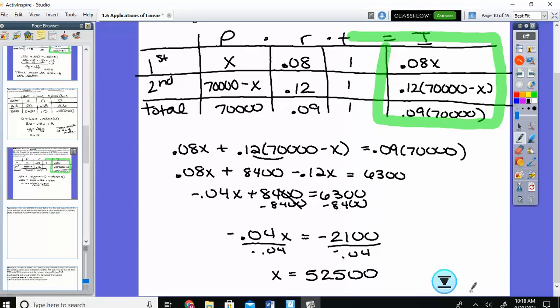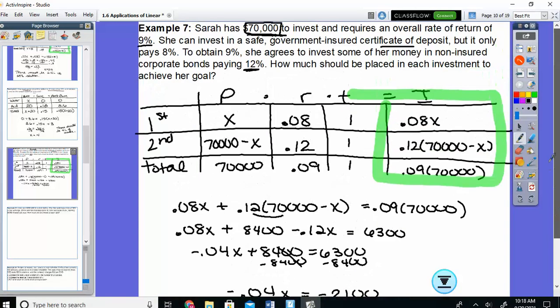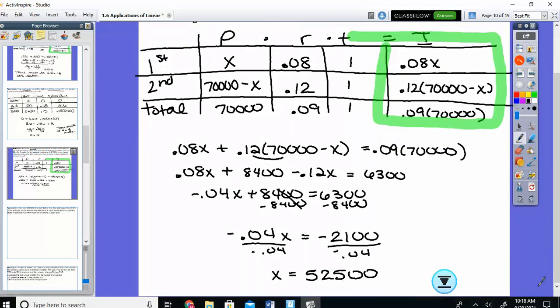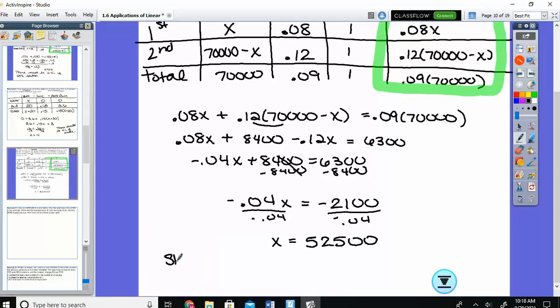$52,500, is that right? So then we have to answer the question, which was how much should be placed in each investment. Okay, so the $52,500 is the amount at 8%.